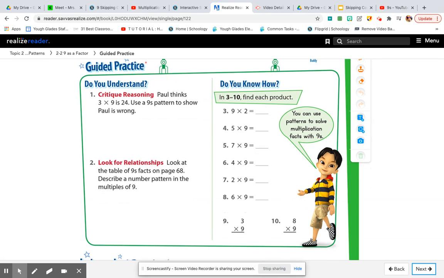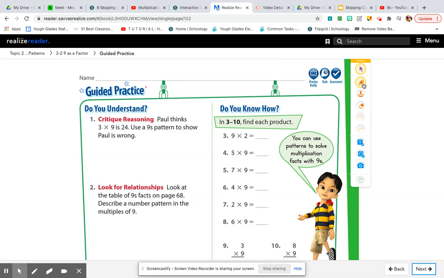So here we go. Paul thinks 3 times 9 is 24. Use a 9s pattern to show Paul he's wrong. Well, we can easily show that Paul's wrong.